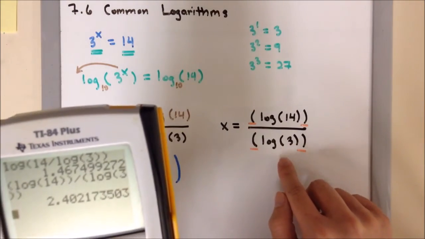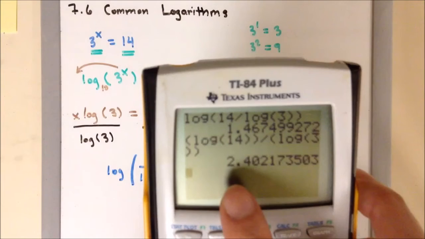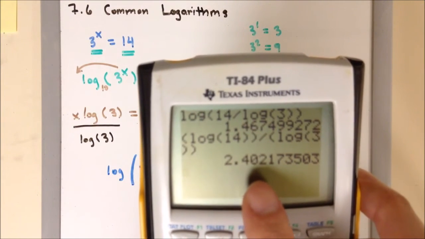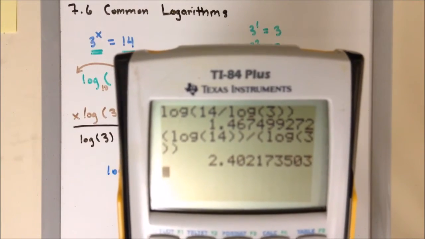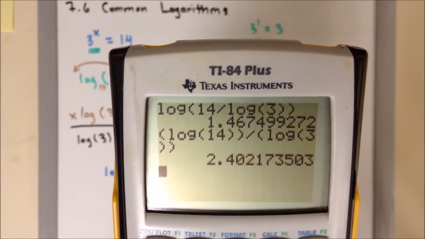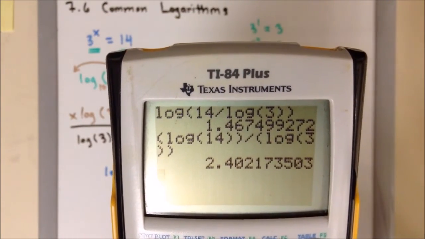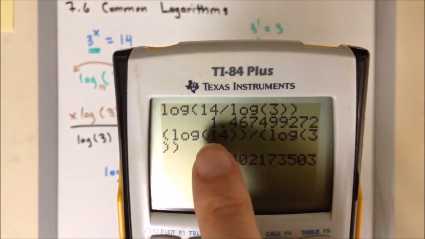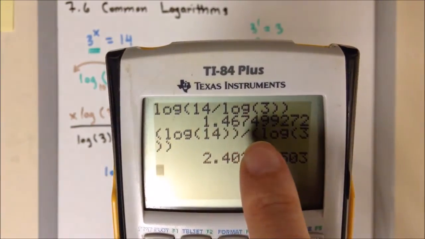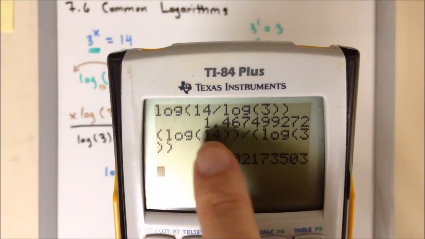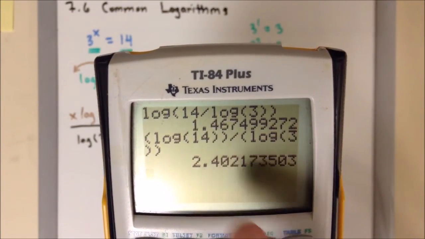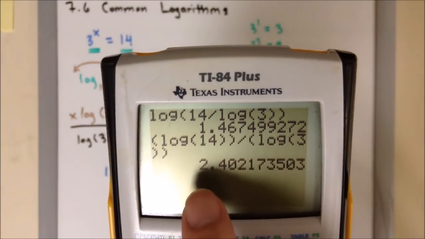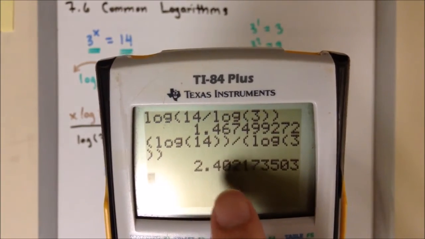But if you type it correctly, the correct answer is approximately 2.402. So again, that's the difference when we include parentheses and when we don't. The first one was the wrong setup and you would have gotten 1.467. But if you type it in with the correct setup, the correct answer is 2.402.